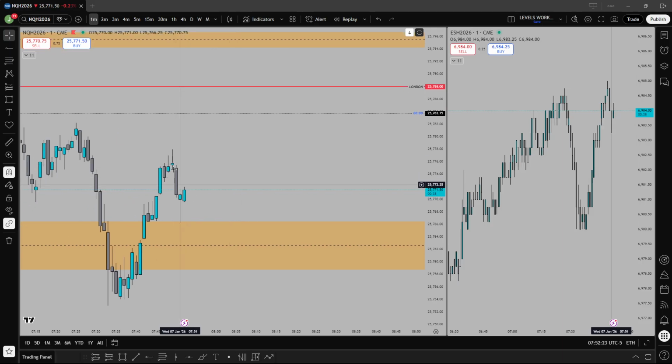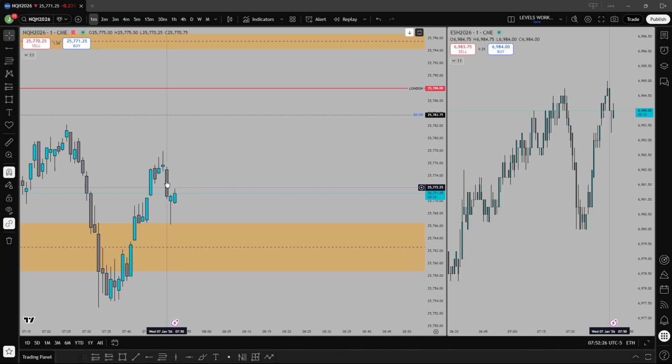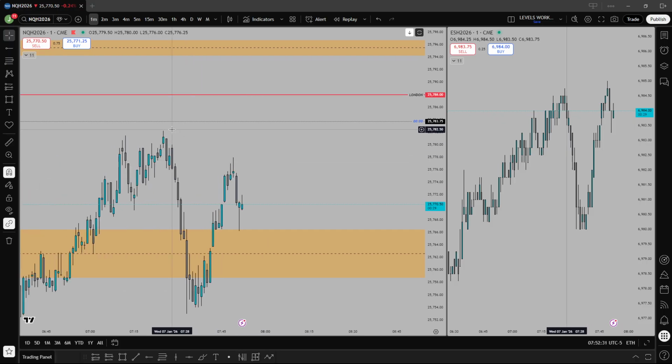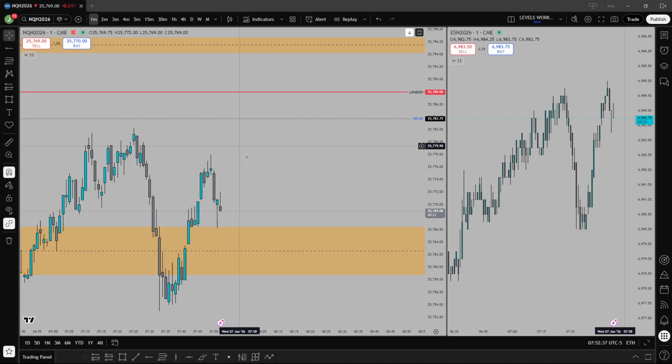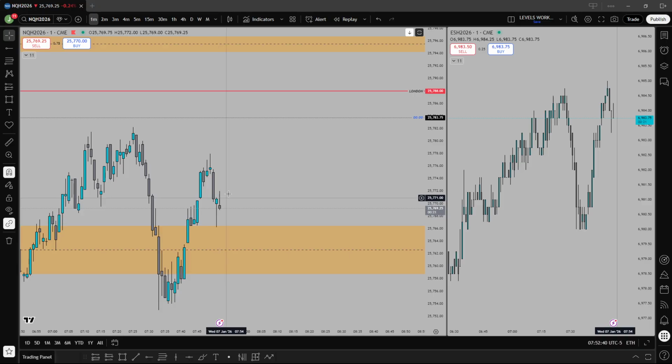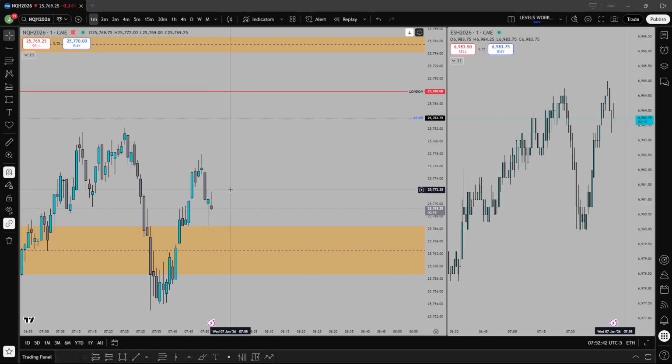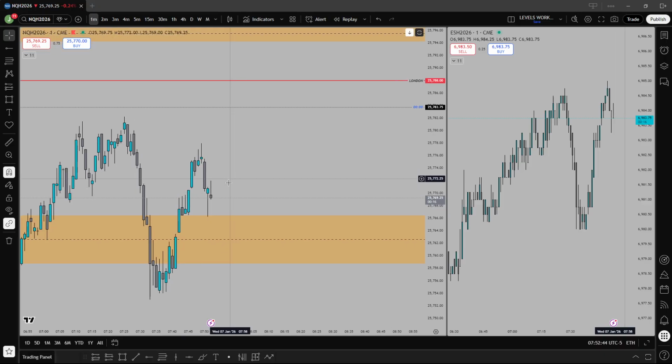I don't want it to close this gap fully, but if it even inverts this gap, then I'm gonna see if we are bullish or we're gonna take this high. Currently, I do like what it's doing. I like this candle, but not this one.